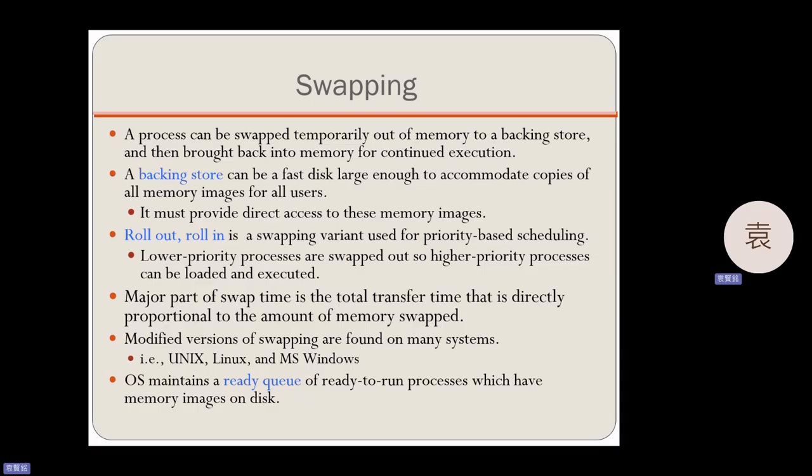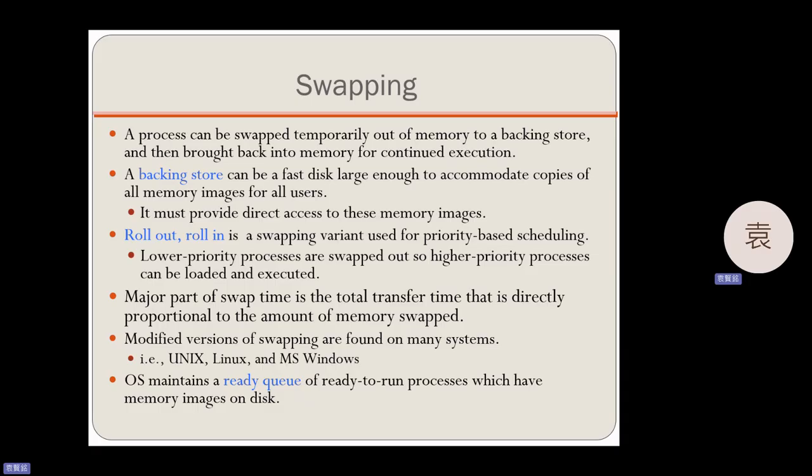This applies if the scheduling is based on priority. A low priority process can be swapped out when a high priority process comes in. So roll out, roll in is usually a special name for swapping in priority-based scheduling policies.